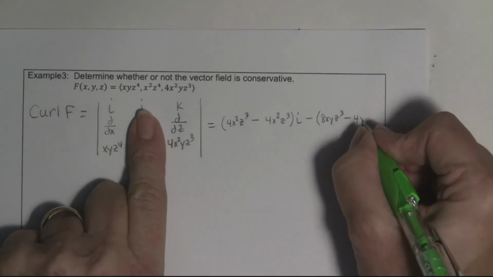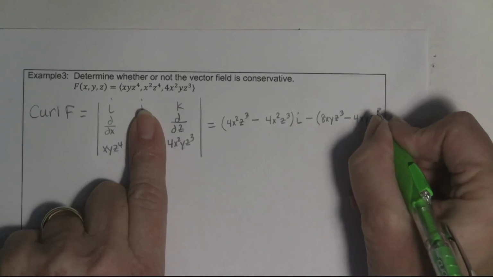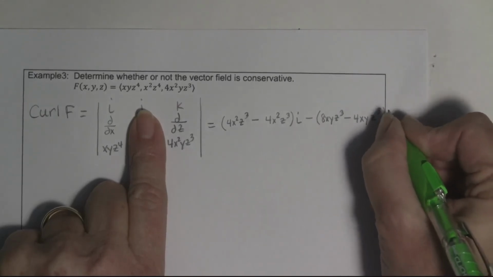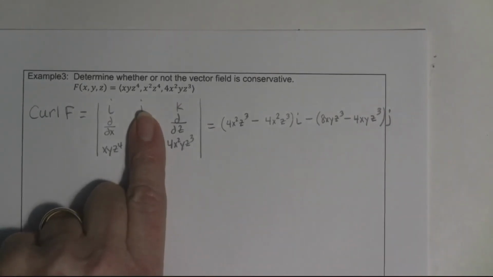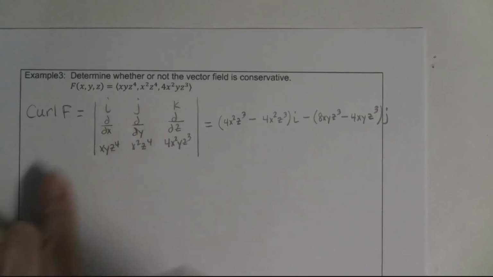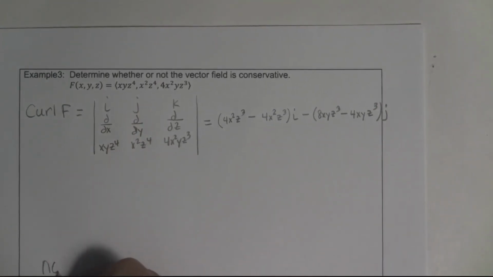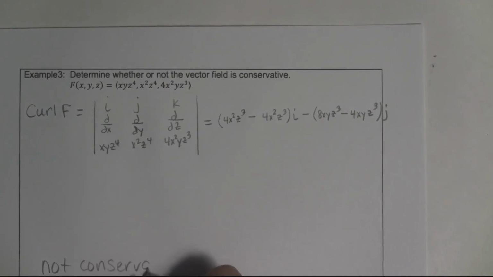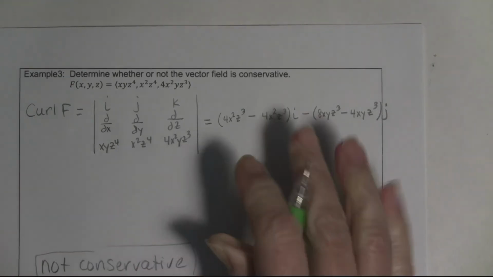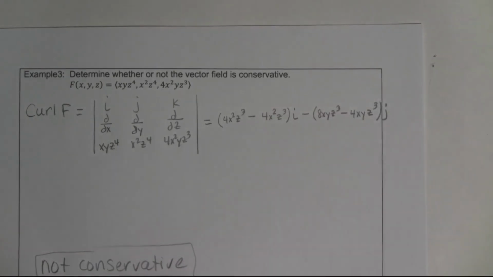So this is 4xyz cubed, that's j. And we can see that that's not 0. So since that's not 0, this is not a conservative vector field. So we can already say that here. That's what they asked us, not conservative, because all pieces would have to be 0: the i, the j, and the k.